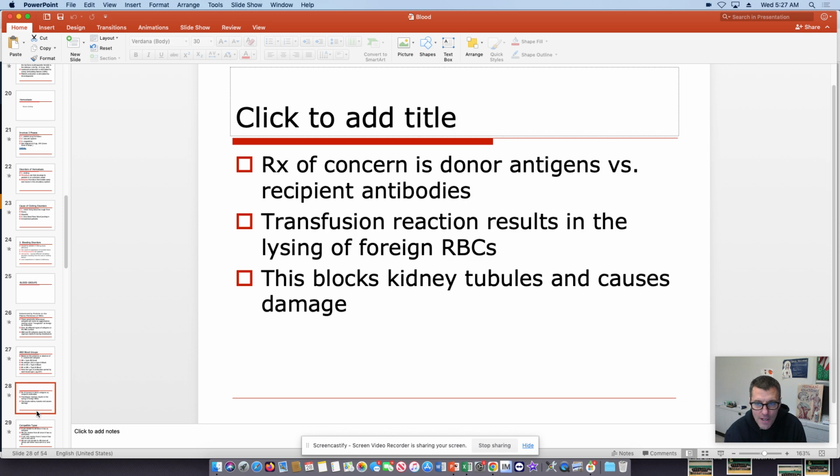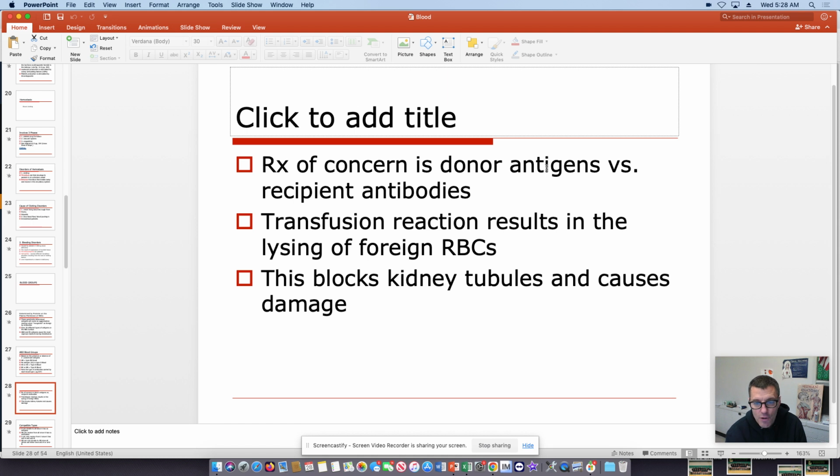Okay. The reaction of concern is donor antigens versus recipient antibodies. So whatever you don't have, your body is going to recognize as being foreign. So if the donor's blood has A and the recipient's blood doesn't have A, the recipient's blood has antibodies in the fluid of your blood that are going to attack those antigens that they recognize as being foreign.